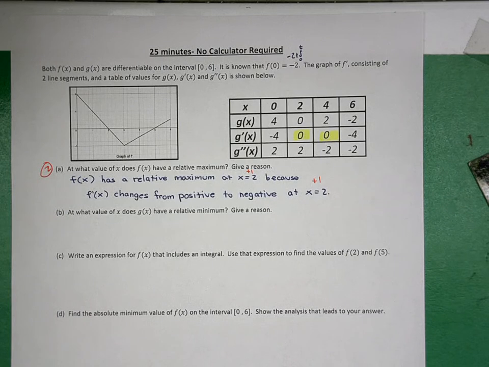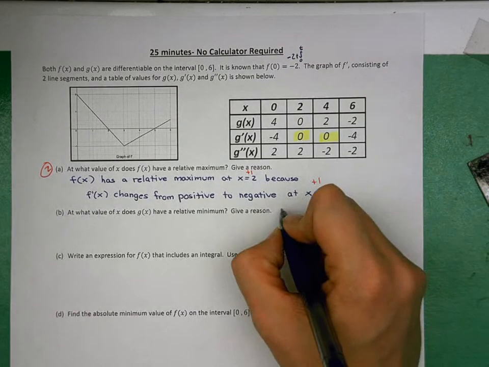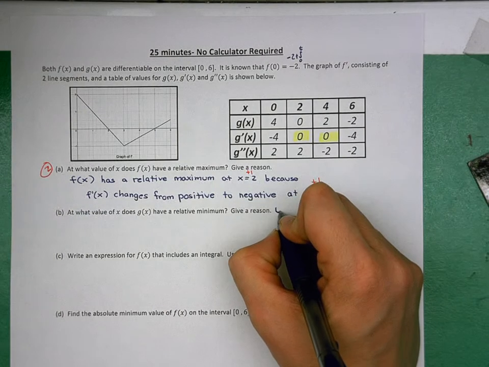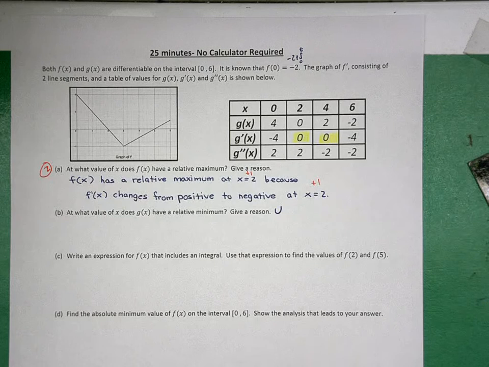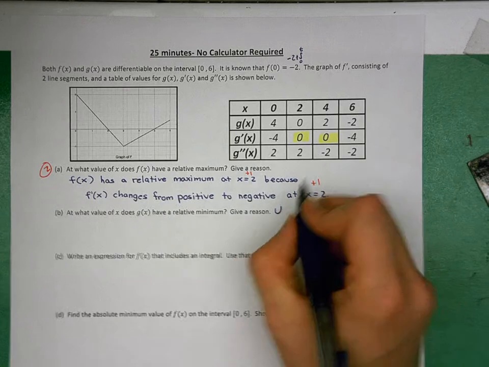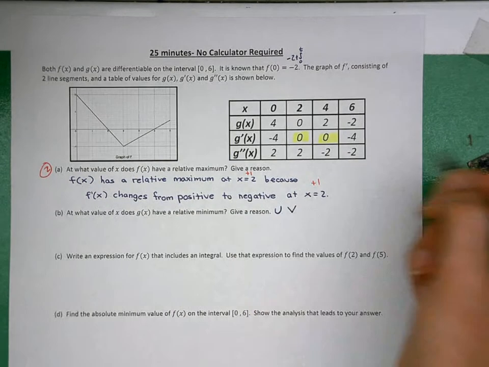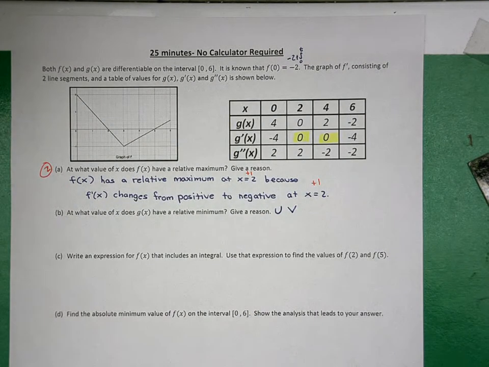We don't know that it's concave up, but I'd say a lot of relative minimums are when the function is concave up. Obviously, if the relative minimum was a cusp, we wouldn't see any concavity, but we're going to operate with this concave up idea because that's something else I know about a relative minimum.